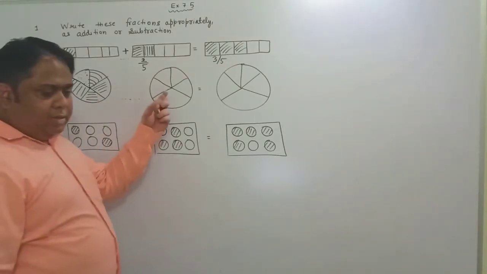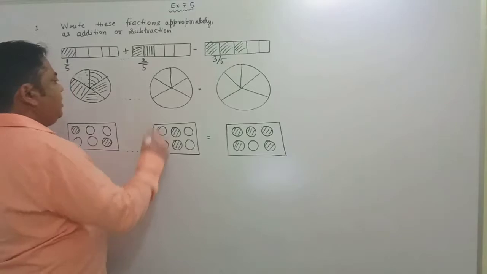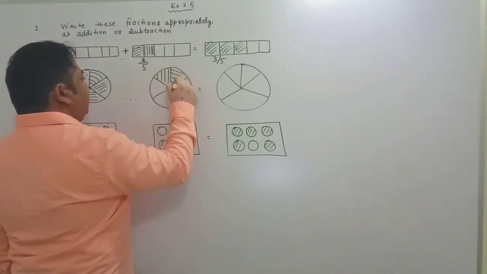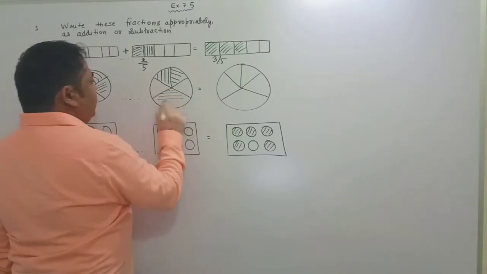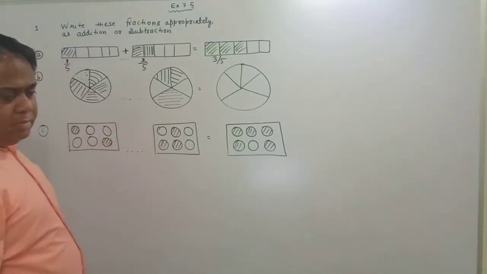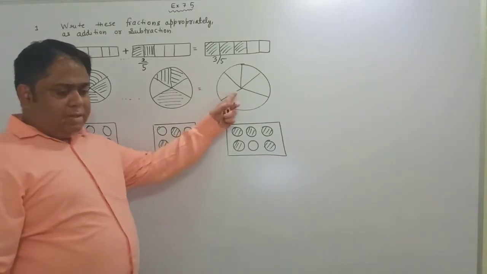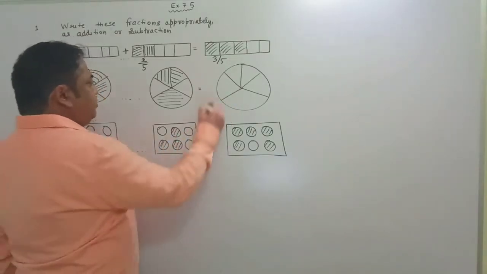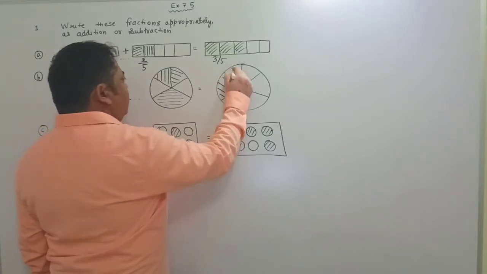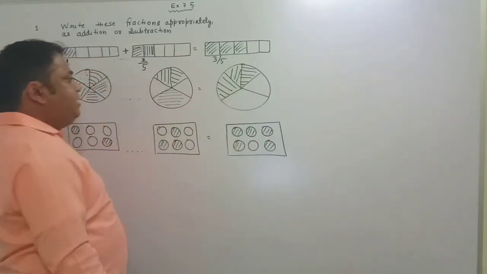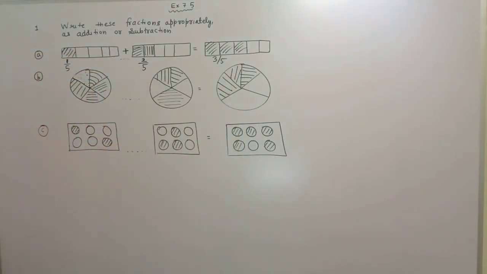Now in this circle, 3 sectors are colored. This sector is colored, this sector is colored, and this sector is colored. Sectors are just a part of a circle. Now here how many parts were there? 1 part, 2 part, 3 part, 4 part, 5 part.